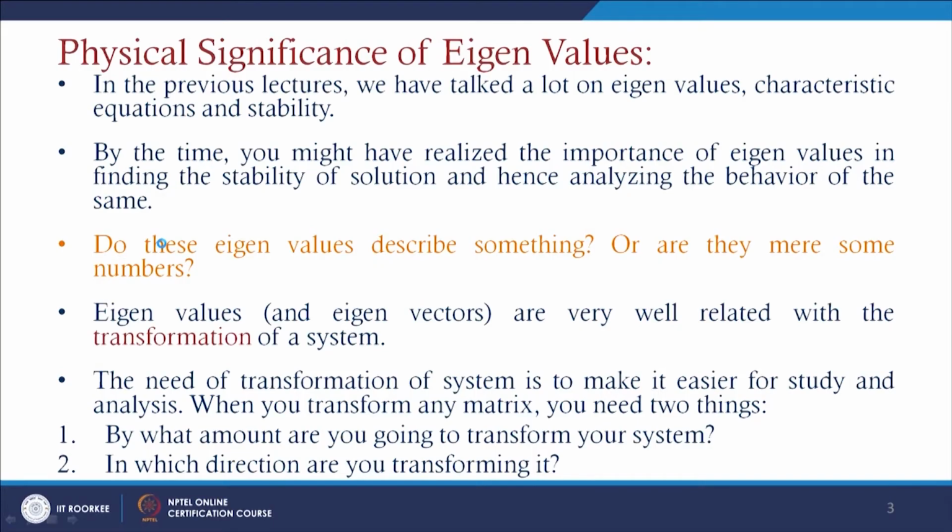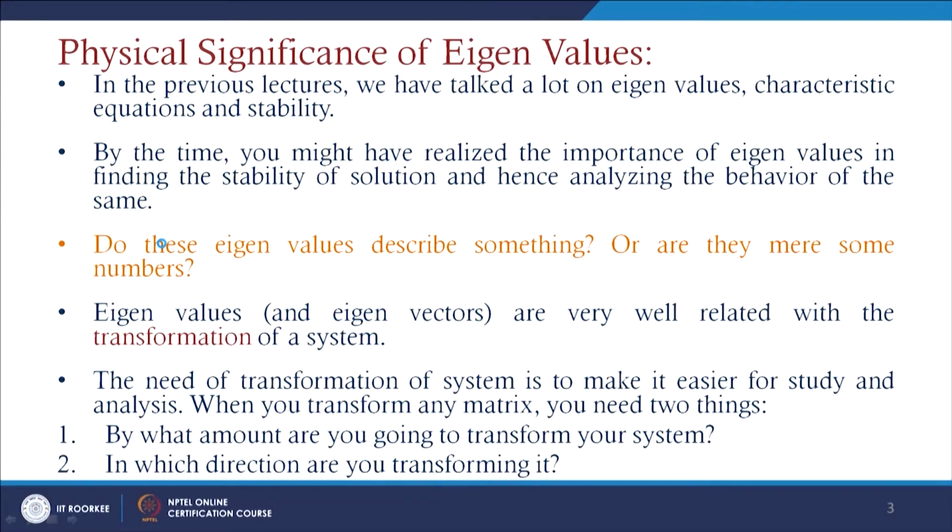We may not have completely realized this, since we do not know exactly the importance of eigenvalues in finding the stability of the solution, and hence analyzing the behavior of eigenvalues is important to realize the physical behavior inside the system.